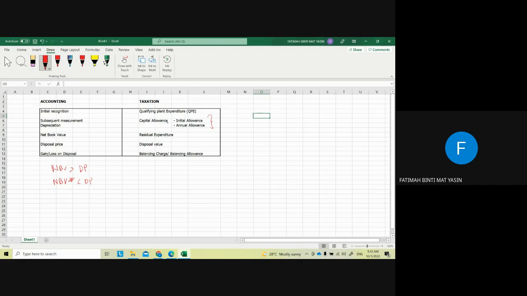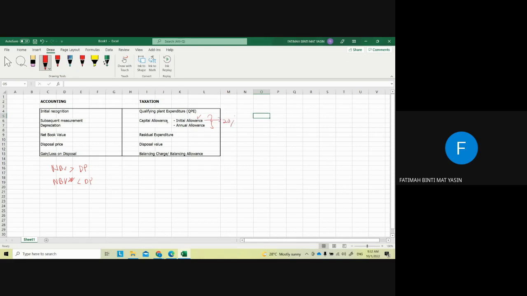For example, if the company acquired the asset in 2021, then in 2021 the company can claim the initial allowance. Next year it cannot anymore; it is only for the year the company first acquires the asset. Usually the rate is 20%.